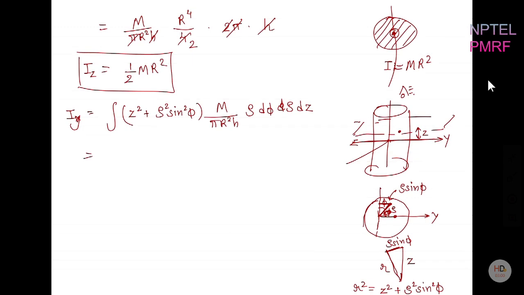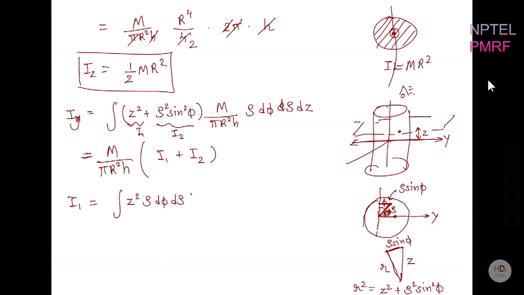Again we have to put our calculus cap on and just work. So let me pull out this constant outside and call this I1 plus I2, right? I1 for this one, I2 for this integral. So I1 is just the integral z square rho d phi d rho dz.